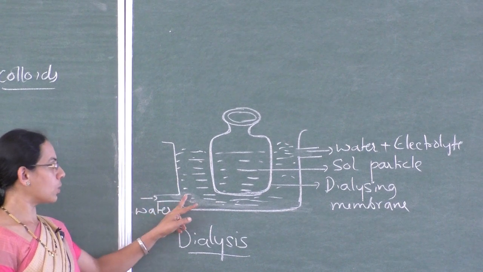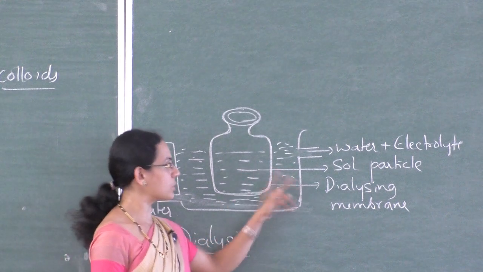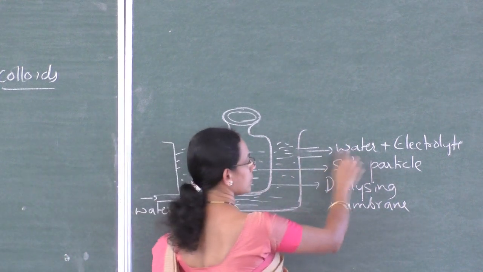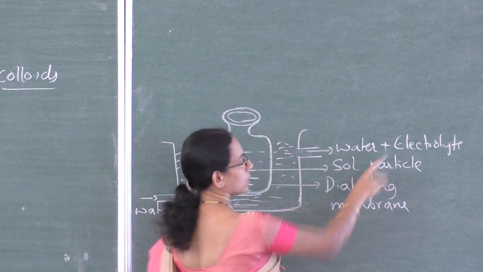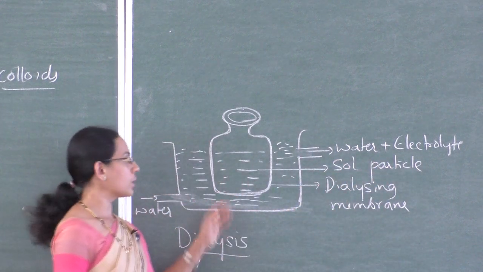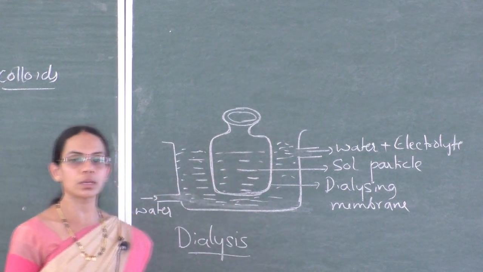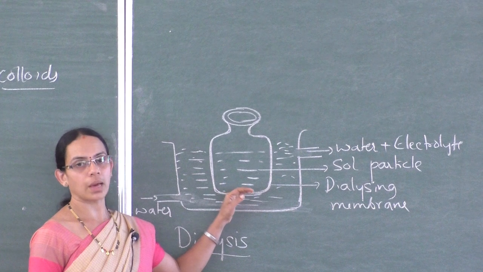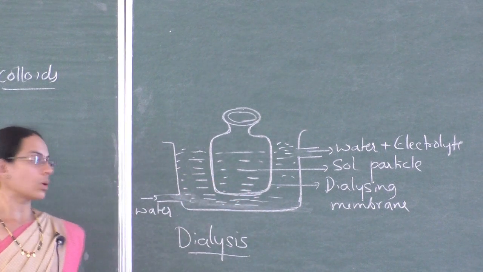On passing water, the small ions and molecules come out of the bag, and the water that comes out contains the excess electrolyte and all the impurities, and only the colloidal particles are left in the bag. So, this is one of the methods of purification of colloidal sol.